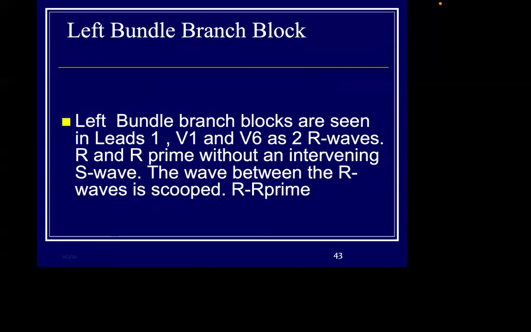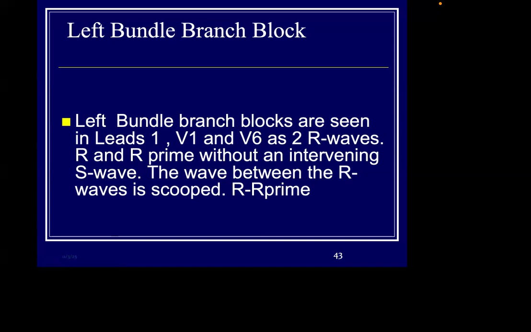In left bundle branch block, usually you see it in lead 1, V1, and V6. And the two R waves, we say there are two R waves, R and R prime, without an intervening S wave. This is in contrast to the right bundle branch block.